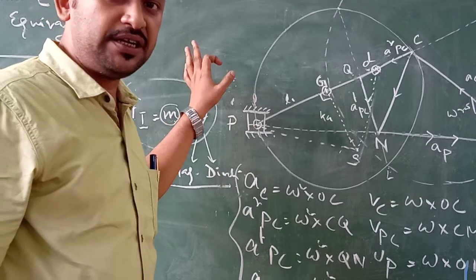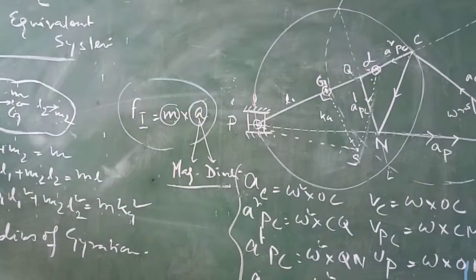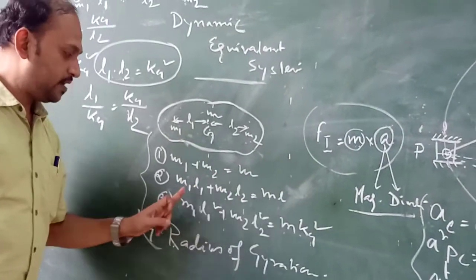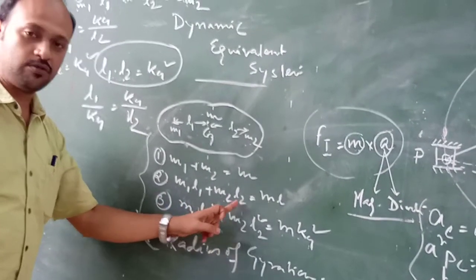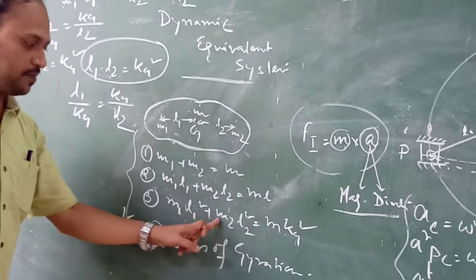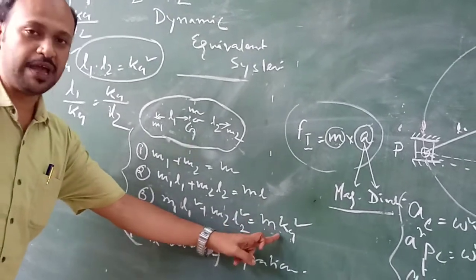So what are these conditions? The conditions are M1 plus M2 equal to M, M1 L1 equal to M2 L2, and M1 L1 square plus M2 L2 square equal to M K square.